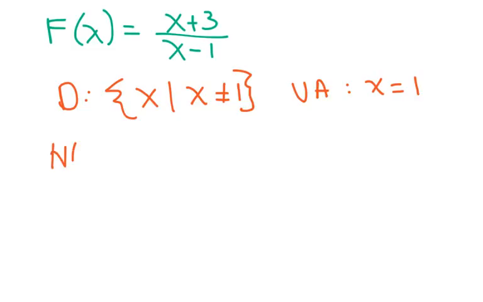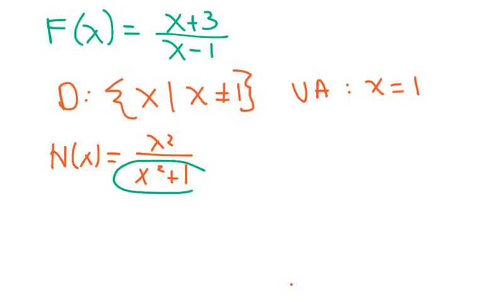Let's look at h of x equals x squared over x squared plus 1. Okay, since there is nothing in the domain that can make the denominator 0 with real numbers, for the vertical asymptotes, we have none.